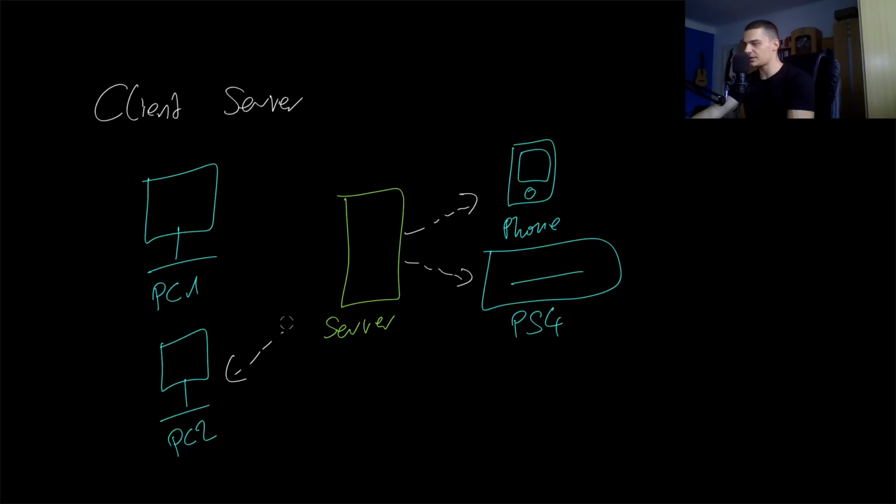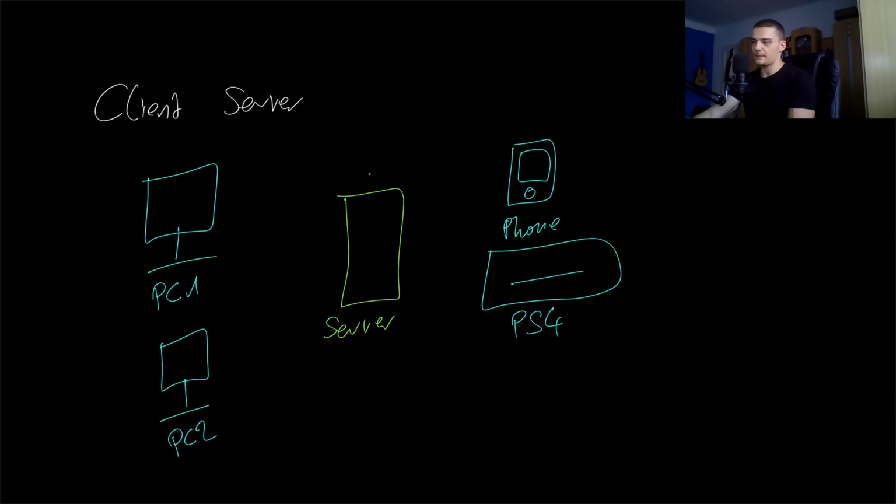And of course, this server can have different purposes. It can be a chatting server, so we can just say this is a server for a message exchange. So this can be a chat room, and everyone can send messages that are broadcasted to everyone else. Or it can be a gaming server for some online game that is cross-platform, so I can play it on PC with someone that is playing it on a PS4 with someone else that is playing it on a phone.